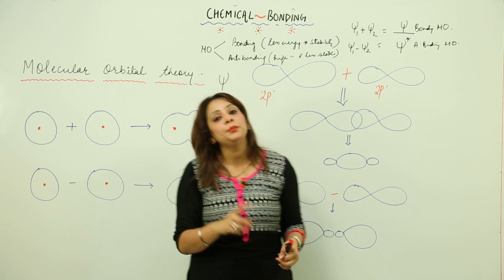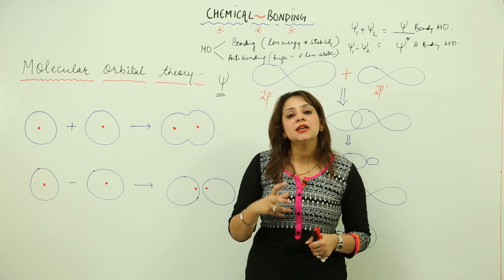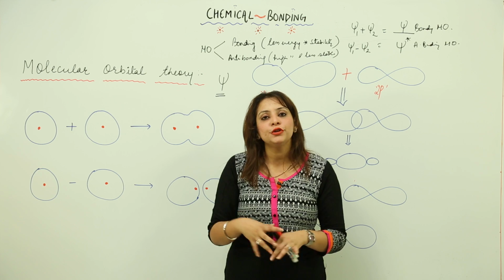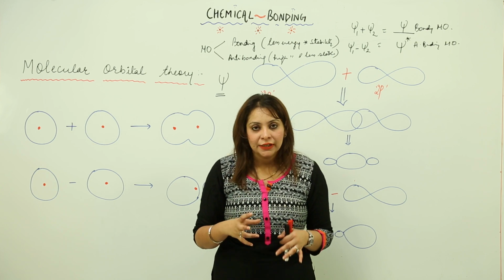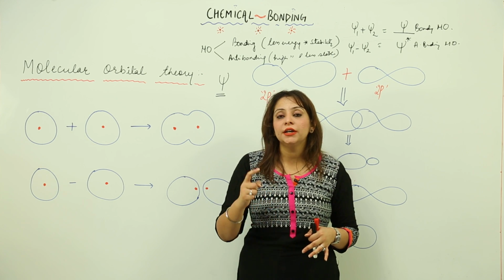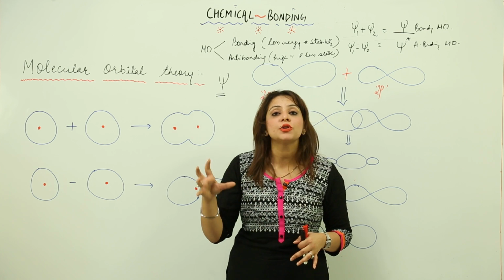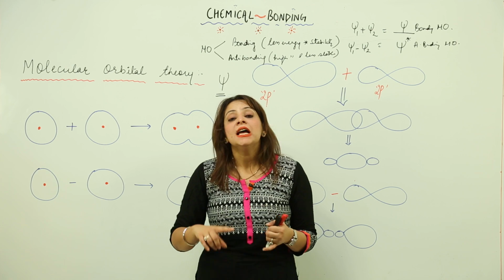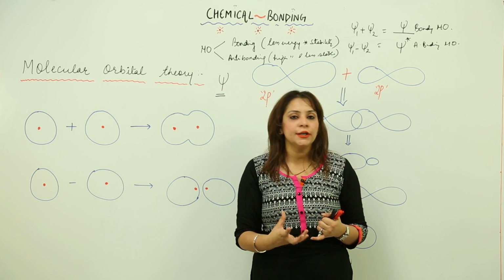As we discussed in the previous topic, when the sigma bond is formed and we want to combine different orbitals, there are certain limitations, right. That means they should be symmetrical around the internuclear axis. On the basis of that, I told you in a previous topic that only a few combinations are possible.